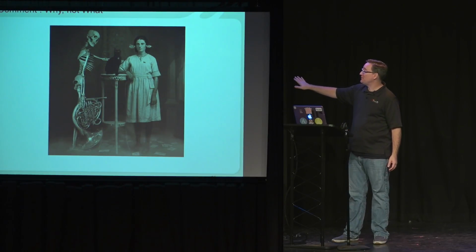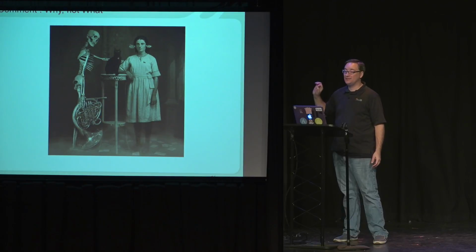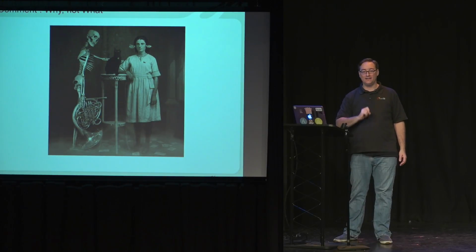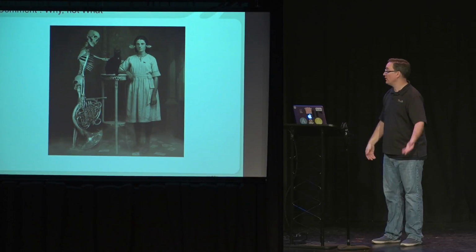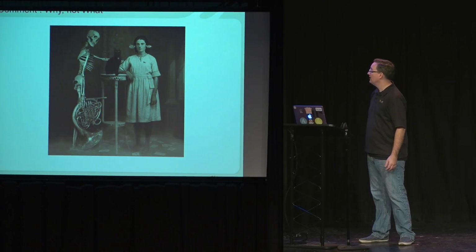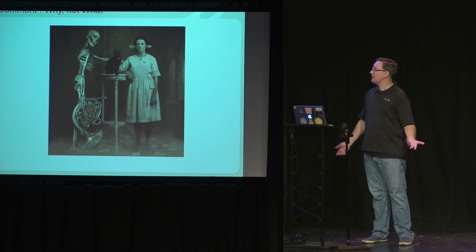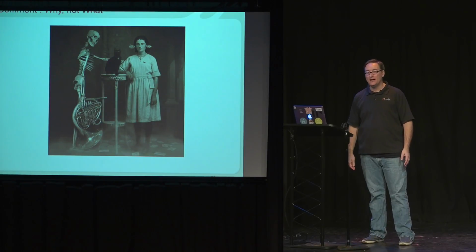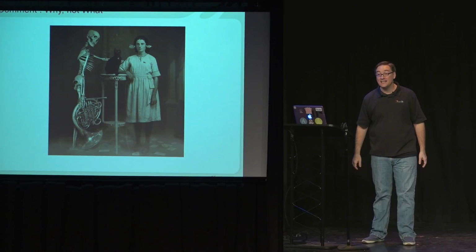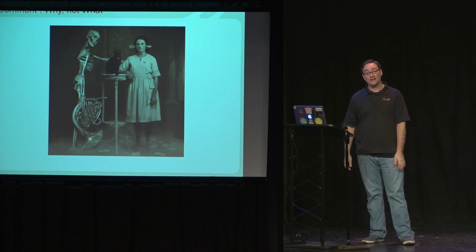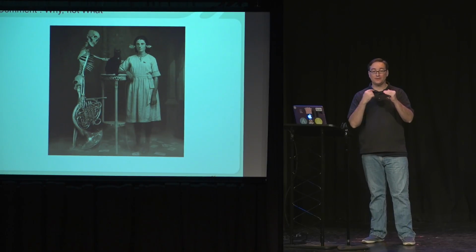This choice of image is because you can look at this image, and it is very easy to describe what is in the image, right? Well, there's a skeleton, and there's a French horn, and there's a black cat, and there's a young girl with steam coming out of her ears. Fantastic. Now, someone reading your configuration management code, they don't need a comment to tell what's going on. It's easy to say, oh, you're doing this, you're doing this, you're doing this.